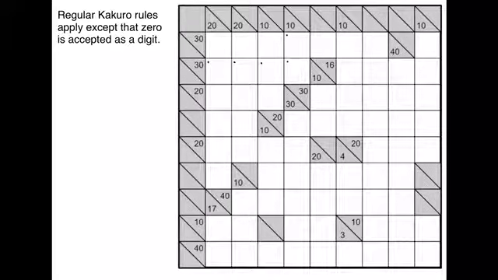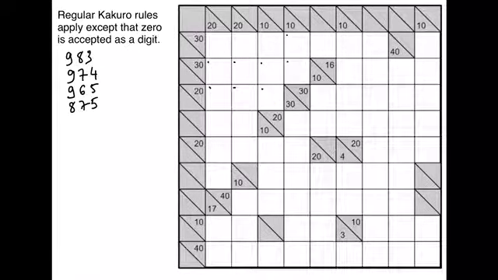So those have to be digits from 1 to 9. And now in a 20 clue, the possibilities are 983, 974, 965, 875.